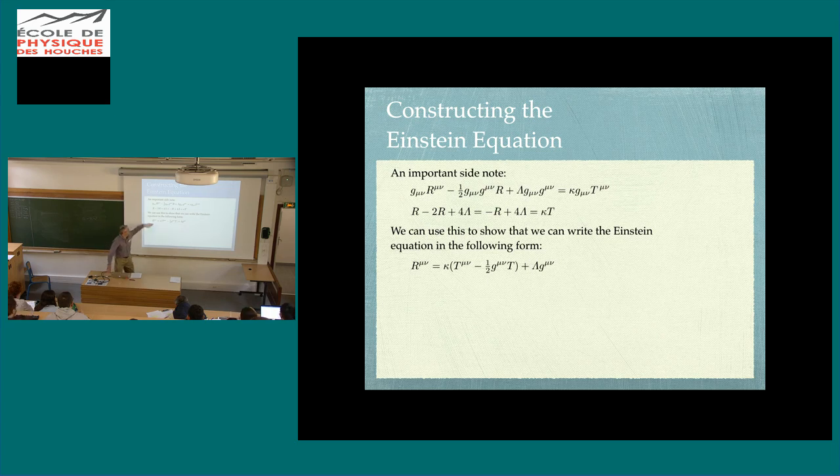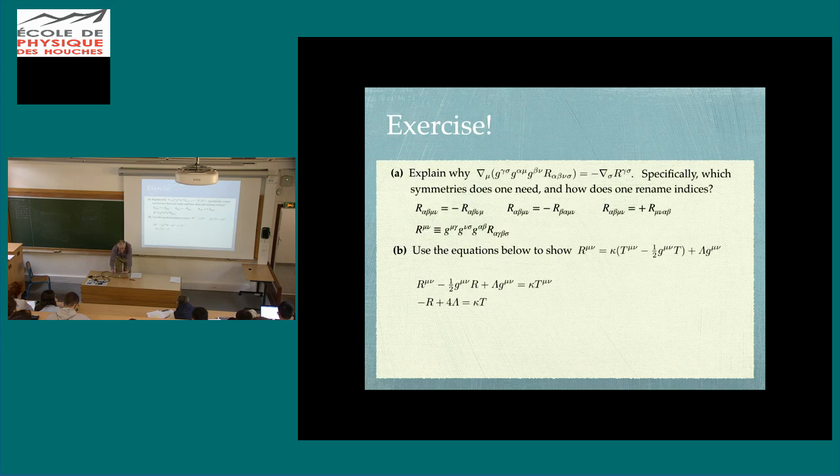This is a very useful form of the Einstein equation. It's the same thing, just rearranged to put the complexity on the stress energy side. The exercise asks you to show those things, and I'm going to leave that as something you can work on, but that's not difficult.